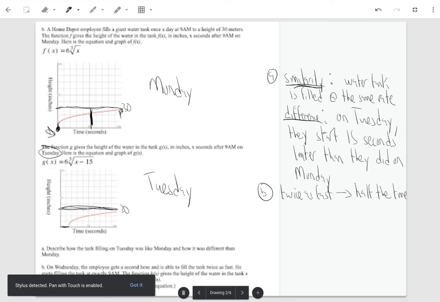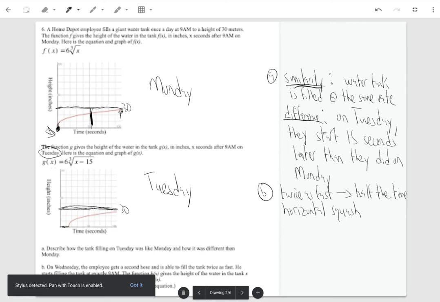It's going to get smaller horizontally because the time is decreasing. So this is going to be a horizontal squash.